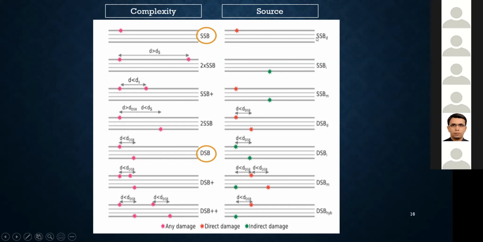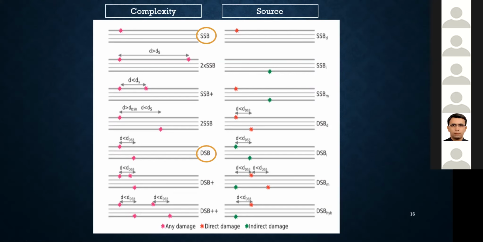And by source, we mean whether the single strand break or the double strand break is from an indirect, direct, mixed or hybrid source. As we know, radiation damage can be produced by direct and indirect sources.